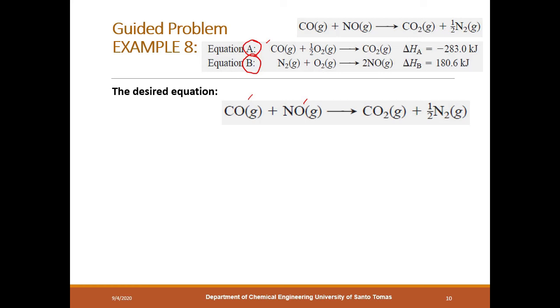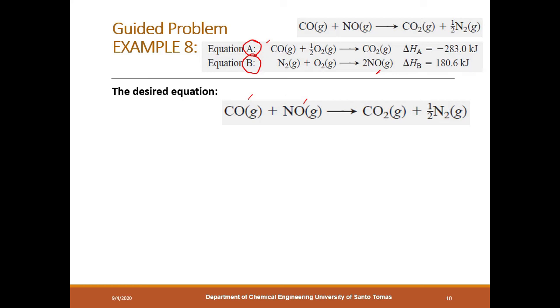However, for equation B, our nitric oxide is on the right side. So therefore, we will be reversing the equation. Another thing is that for the nitric oxide, our coefficient in the desired equation is only 1. But in the given equation, we have this to be 2.